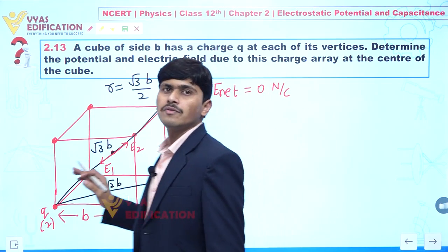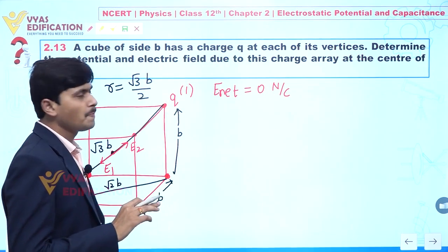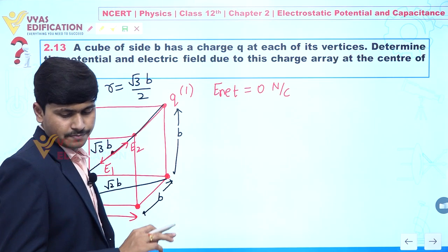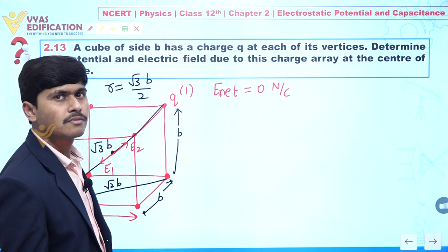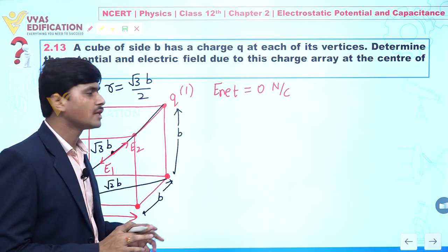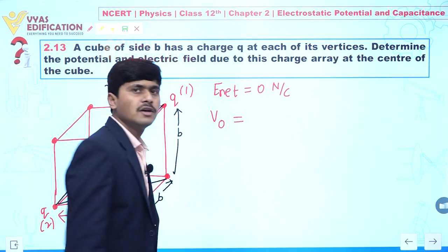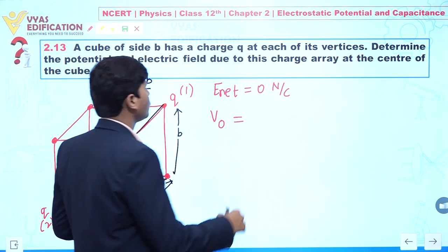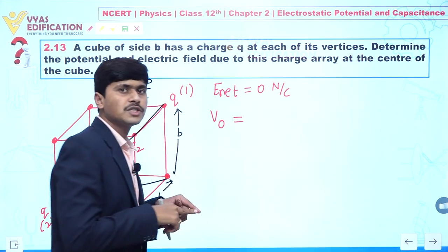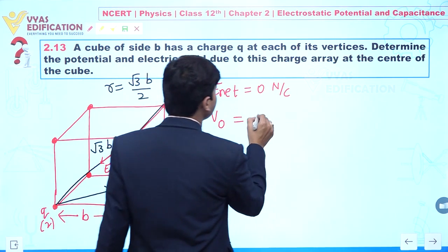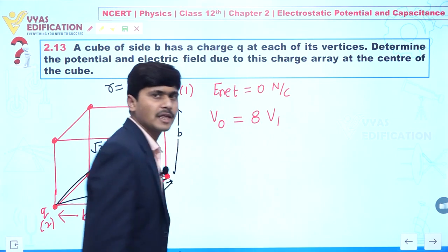And now we are going to discuss potential. If we talk about potential, the potential at the center is V0. V0 is equal to, actually we have a total of 8 charges, so this is 8 times V1.